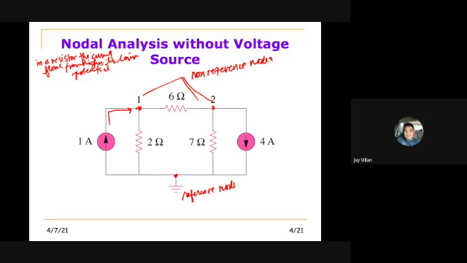So expectedly, if this is the reference node with zero potential, V equals 0, then this node here must have a higher potential compared to this reference node. So that would be our assumption. Therefore, our current will be pointing in that direction.